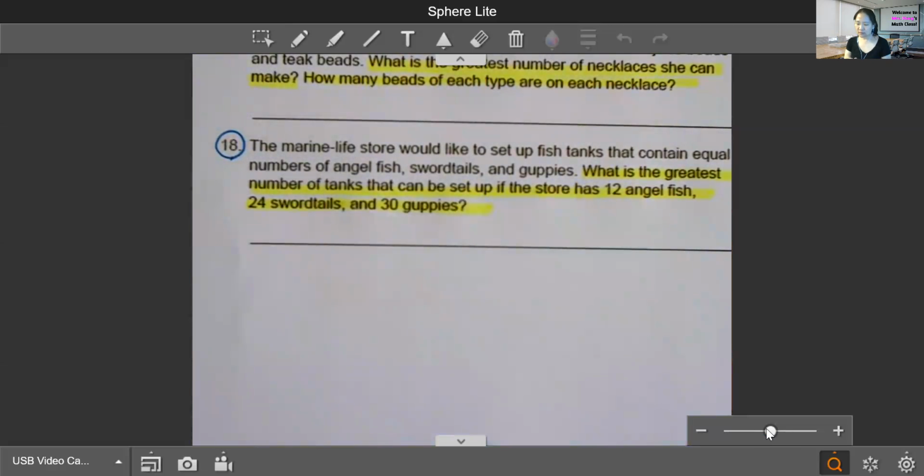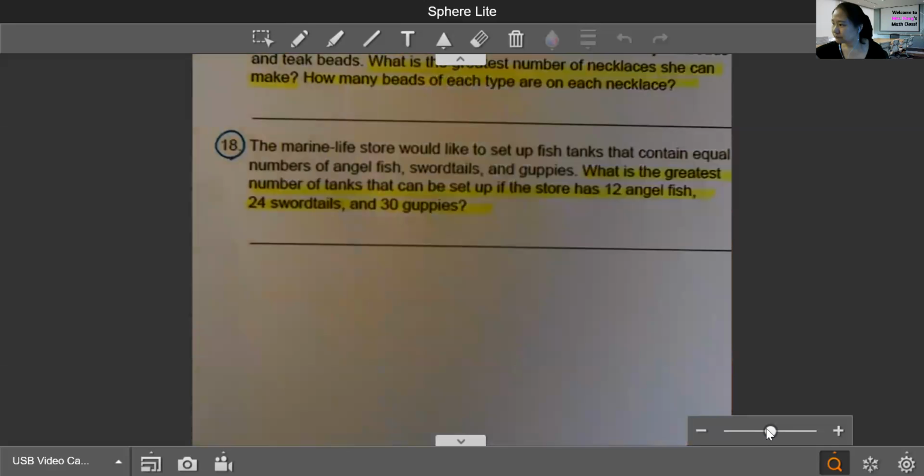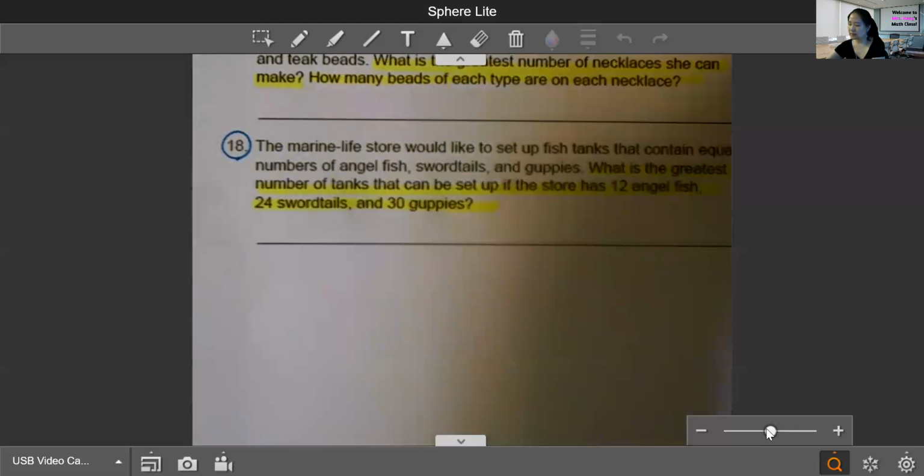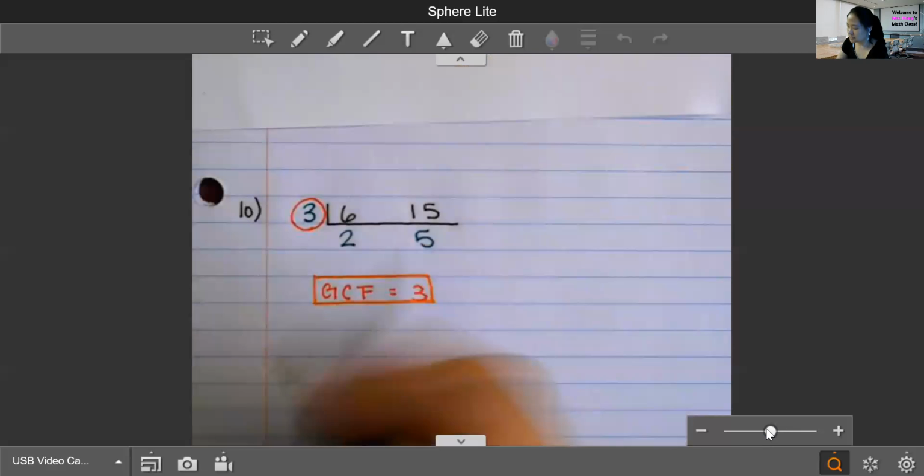So you're dealing with three types of fish. However, how you solve it is exactly the same. So I'm still going to use the upside down cake.